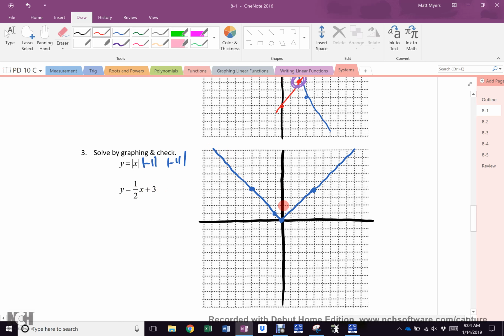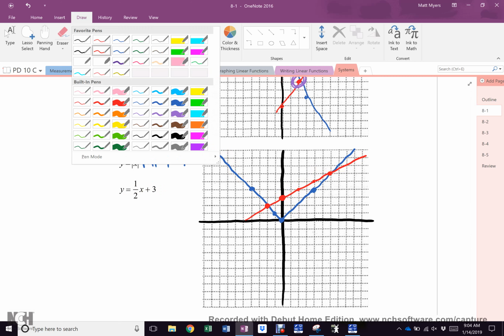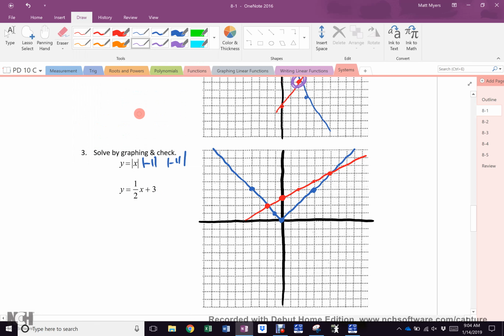1, 2, 3. And then up 1 over 2, up 1 over 2, up 1 over 2, and down 1, left 2. What do you see in this case? It crosses twice.